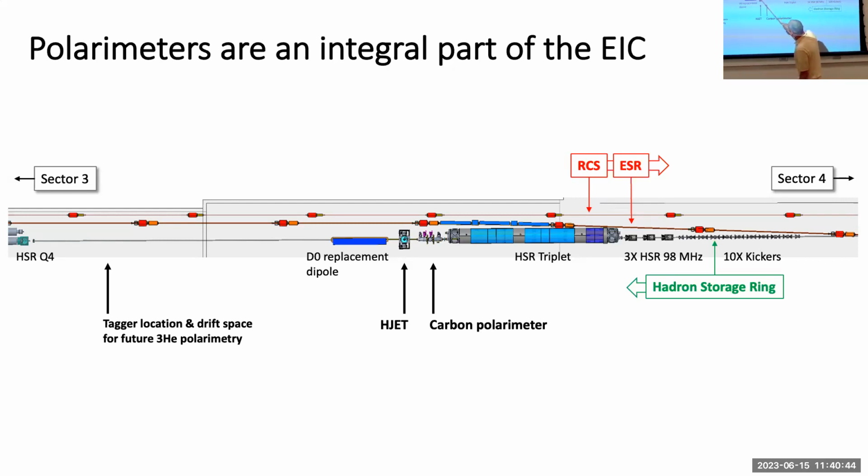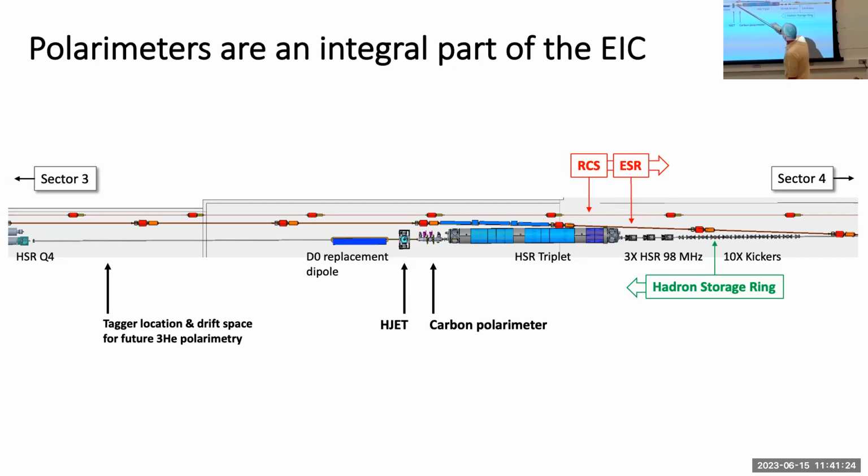Then we have the polarimeter suite here, and I think I haven't said this before: it's super important that this H-jet, the polarized hydrogen jet polarimeter, sits very close to the carbon polarimeters. Especially, there shouldn't be any magnetic fields between the two, because that would introduce a change of the polarization vector. If you want to use this to normalize, we need to make sure that the direction, at least in both locations, is the same.